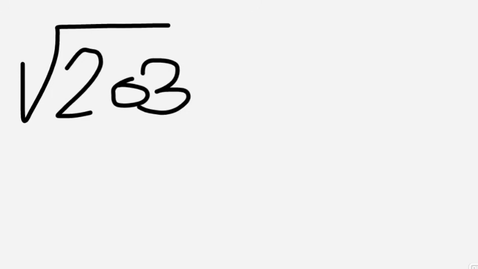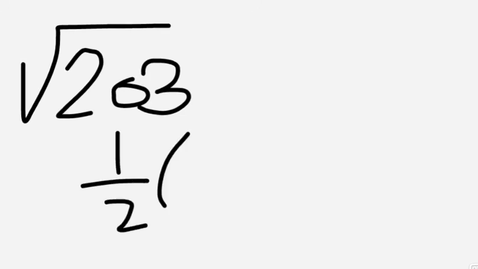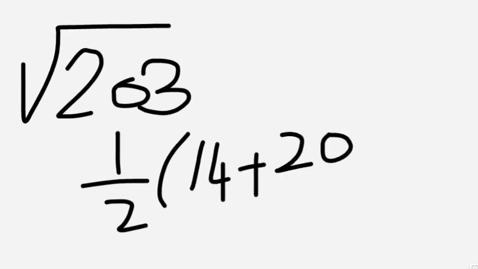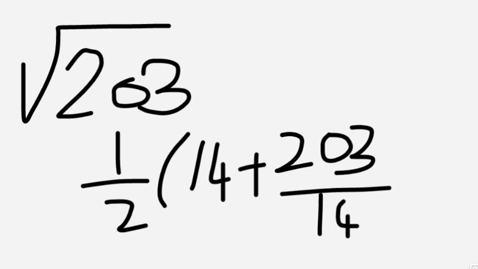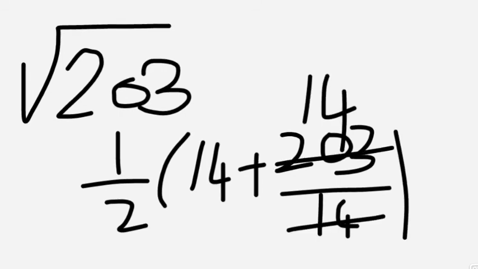Let's take another example, square root of 203. 203 is closer to 14 square and 15 square. 14 square is 196 and 15 square is 225. We take the lesser value, so a equals 14 and b equals the given number 203. Substituting, 14 plus 203 by 14. 14 goes exactly 14 times and 7 remains.